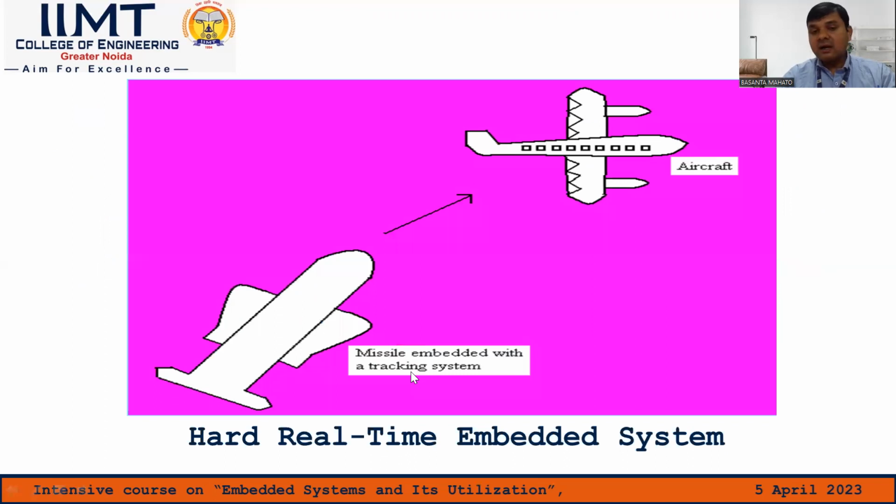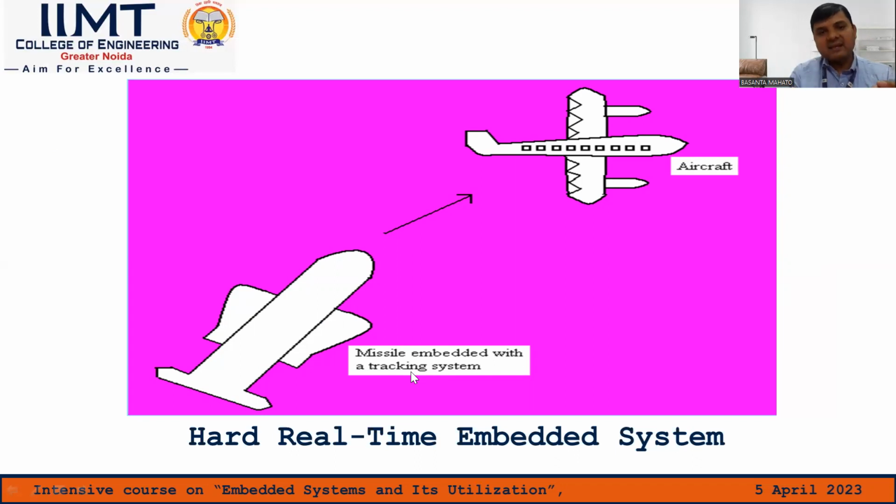Here you see a hard real-time embedded system example. We have an aircraft and a missile. If the missile is targeting the aircraft, the missile must be given the time within so many seconds or milliseconds to target the aircraft. If it is not done within that particular threshold value, what will happen?